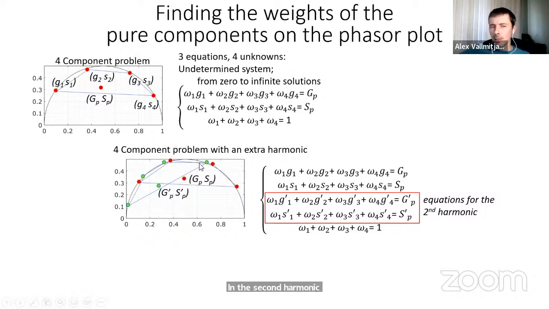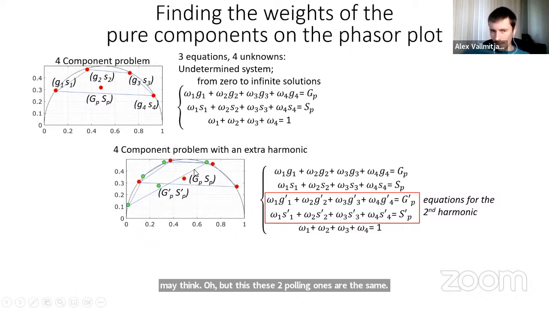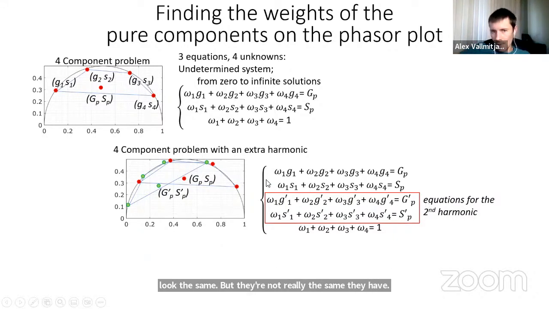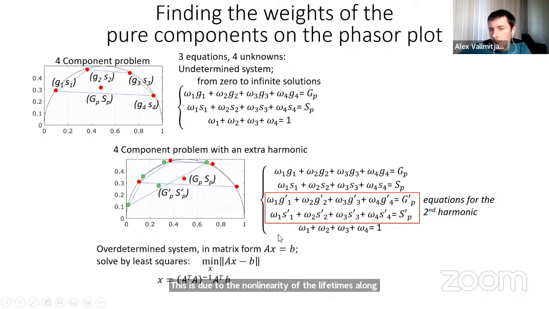You may think, oh, but these two polygons are the same. They look the same, but they're not really the same. It's a slight variation. This equation here is not a proportion of the one up here. There is a variation, and this is what gives you more information and allows you to solve this problem. This is due to the nonlinearity of the lifetimes along the universal circle. So now you can solve this.